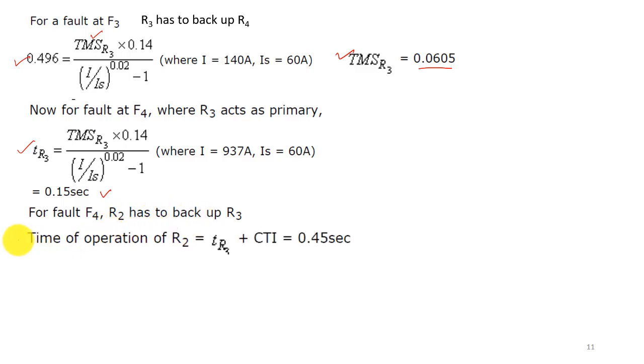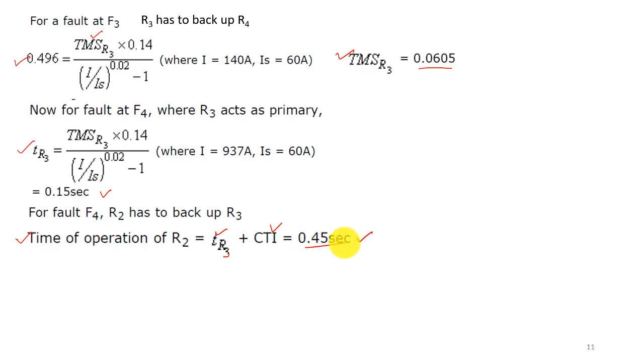The time of operation for the backup protection will be TR3 plus CTI. That is the operating time of relay R3 for primary protection plus the coordination time interval, and that gives us the time of operation of R2 when it is acting as a backup relay to R3. So that is 0.45 second.